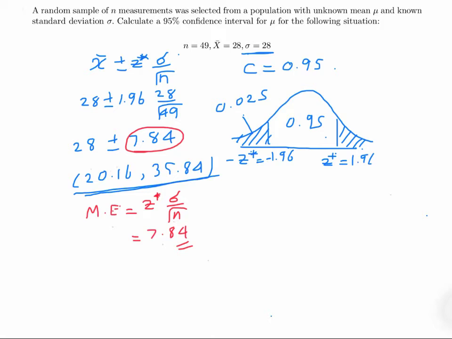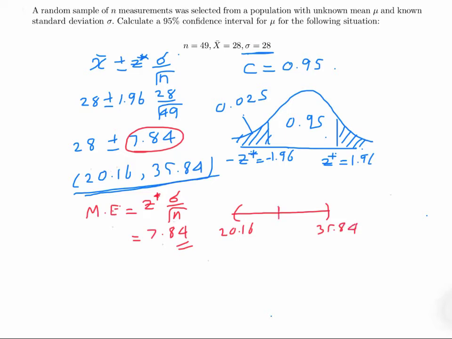If I illustrate this, this is the confidence interval. This is the lower bound 20.16, upper bound 35.84.